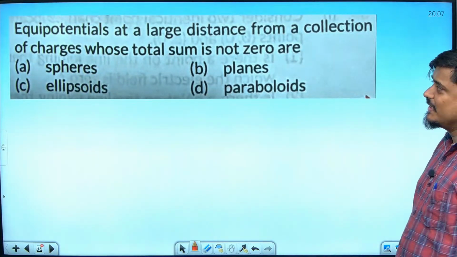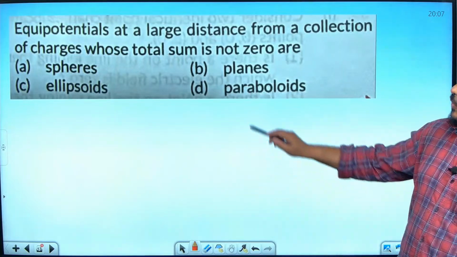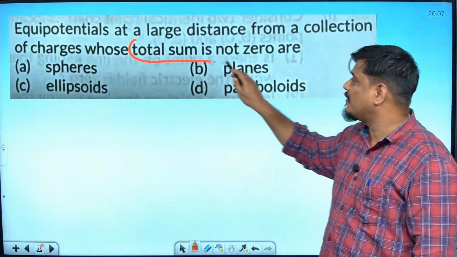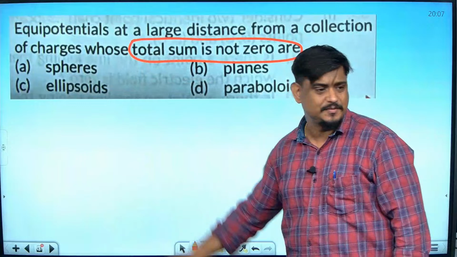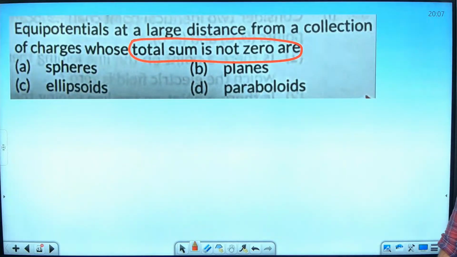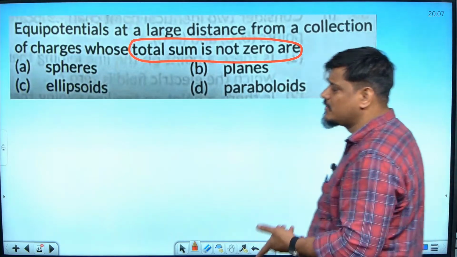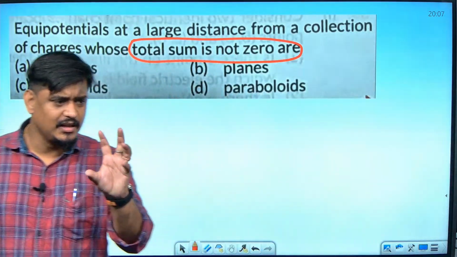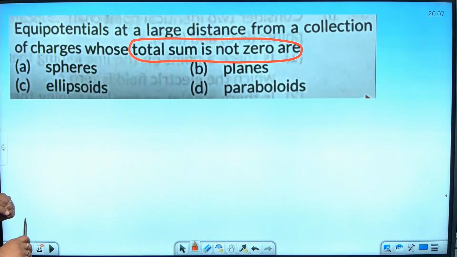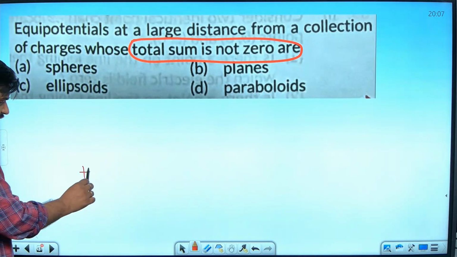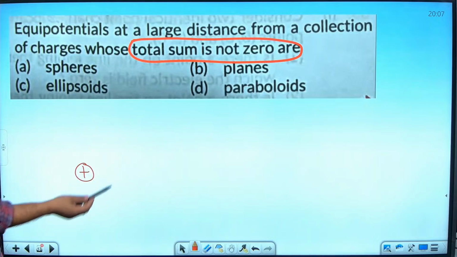No, right? See, here the twist was, whose total sum is not 0, isn't it? There may be charges plus q, plus 8q, minus 6q, plus 9q, minus 20q, and if you add it will become 0. No question of having any EPS then. But if their sum is not 0, it means it is behaving like some point charge, isn't it? If you take any point charge, whether it is positive or negative, they are saying sum is not 0.